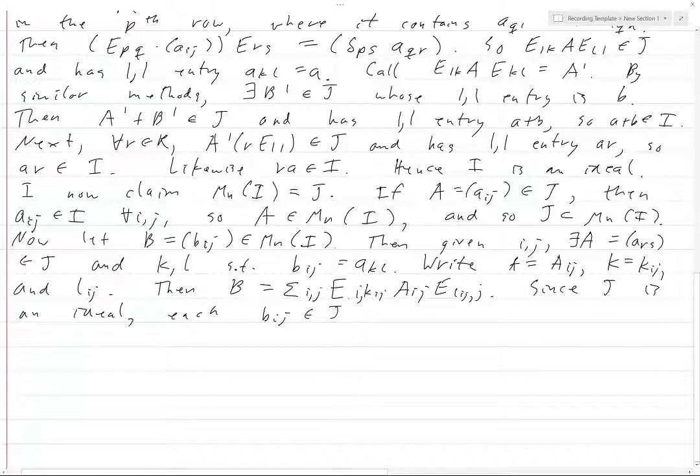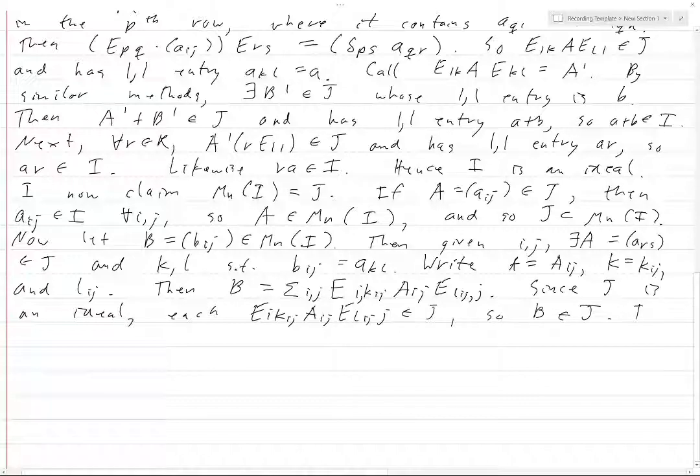So it's not that each Bij is in A, it's each E of I, K, I, J, A I J, E L I J, each of these is in J. And so B is in J. Because it's just a sum of, oh god. Okay. So B is in J. Alright.